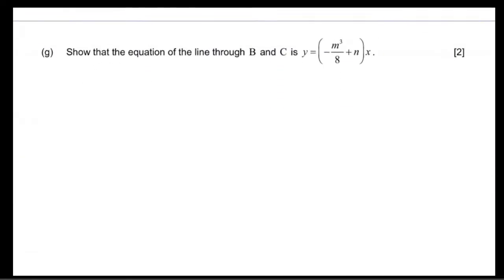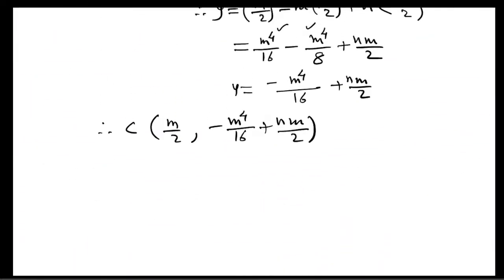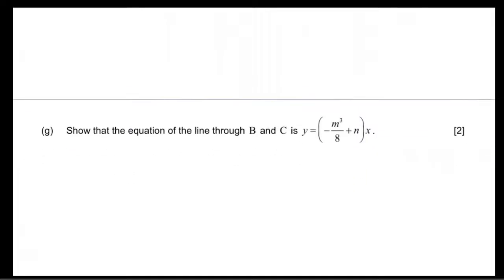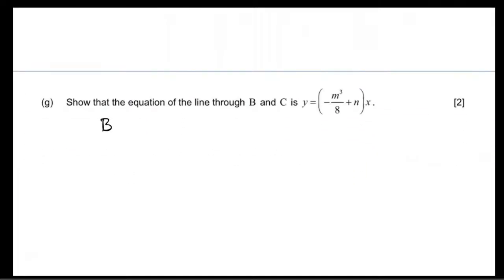Now the G part says show that the equation of the line through B and C is this. Look here, B and C we already have the coordinates. Let me write here, B is 0, 0 and C is m by 2 comma minus m to the power 4 by 16 plus nm by 2.